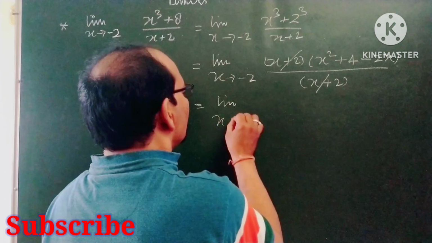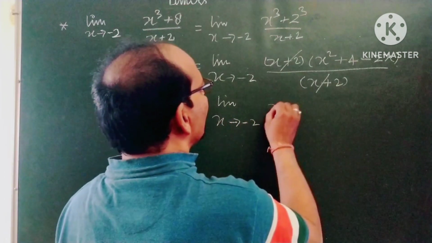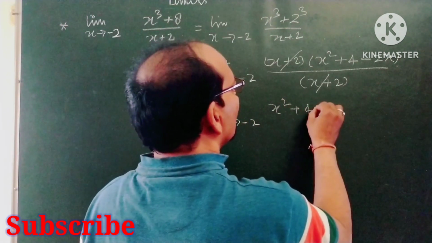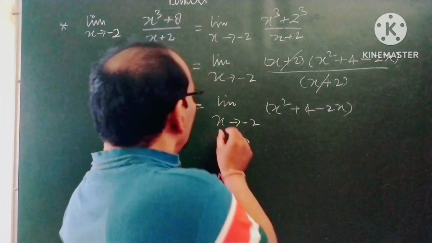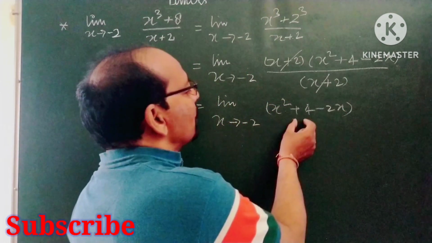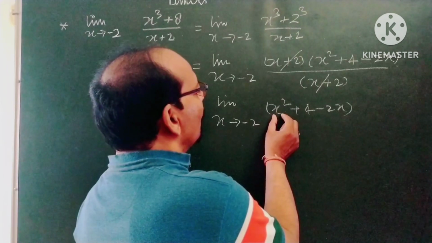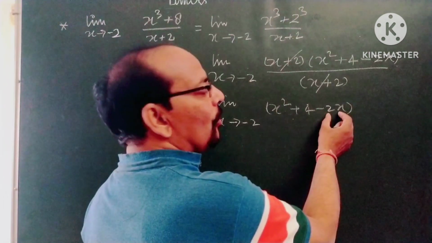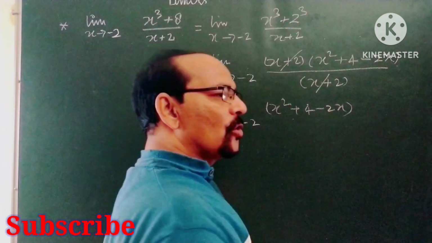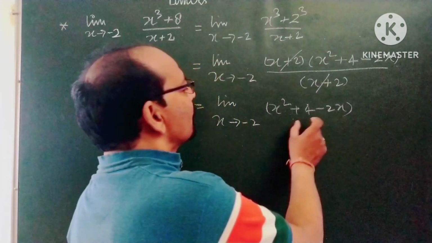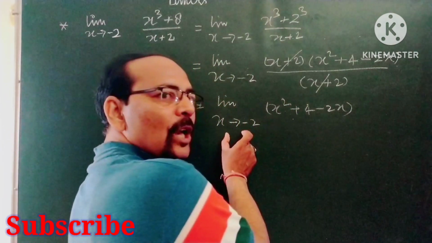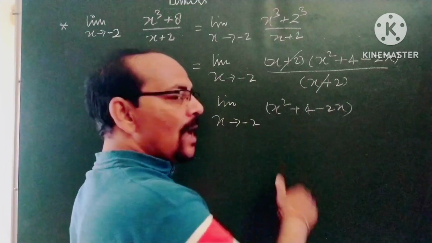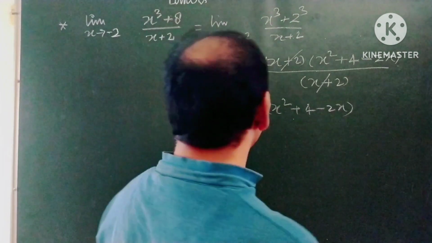Limit x tends to minus 2 of x square plus 4 minus 2x. If we put x equal to minus 2 here, there will be 4 and 4 and 4, therefore the limit of this function will be 12. Therefore we can put the value x equal to minus 2 directly here and find the limit of this function.